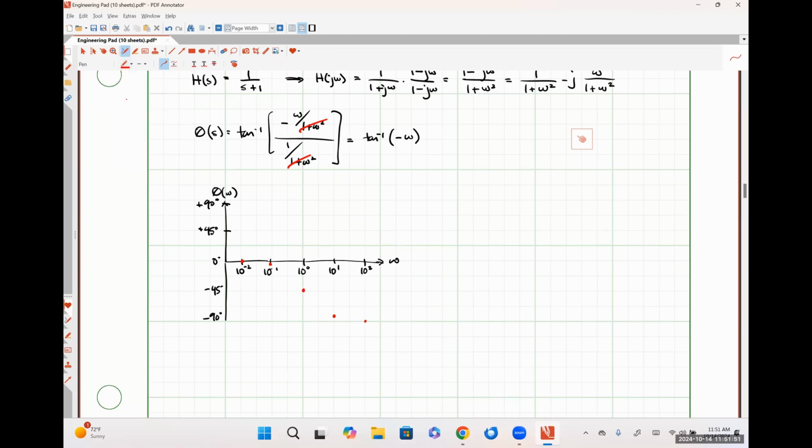Okay. So for our smooth line graph, we would have something like this. What we're going to see is it's going to be at 0 degrees until we get to roughly a decade before our pole frequency, and then it's going to start to transition.